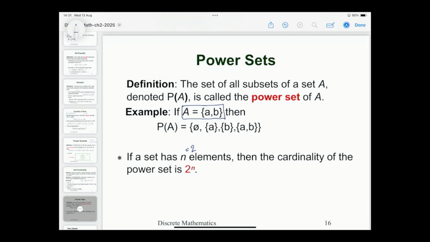The empty set is one of them, and then one of the members, one or two. So how many members do we have? 2 to the power of n, which is 4. So that is the cardinality of the power set.